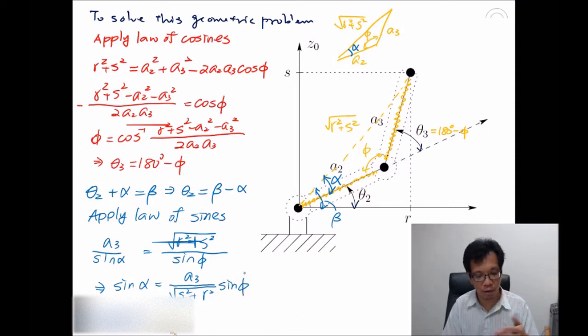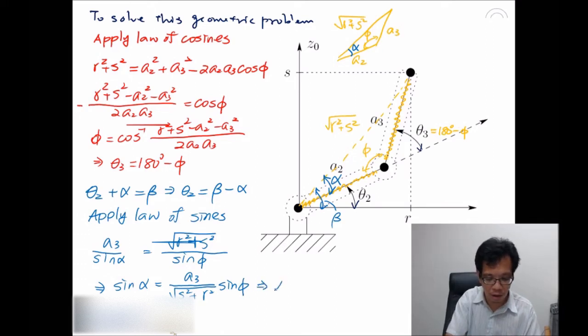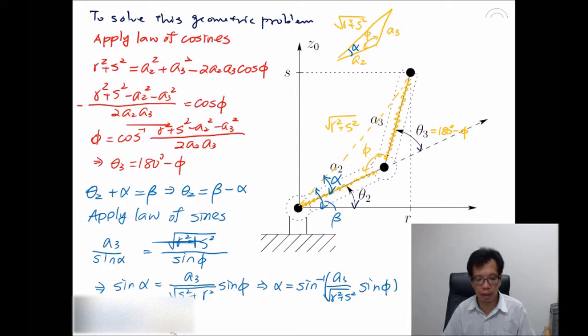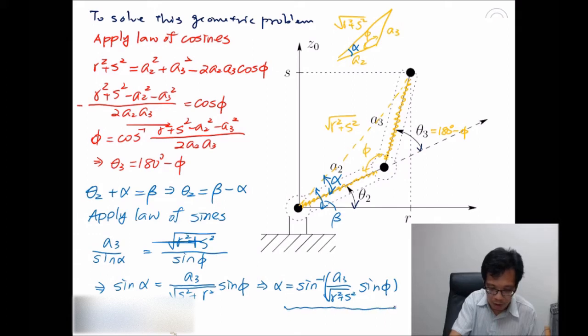Since phi has been derived in the previous part, I can treat this one as a known number, which means alpha is going to be arcsine of A3 over the square root of R squared plus S squared, times sine phi. That would be the answer for this part.